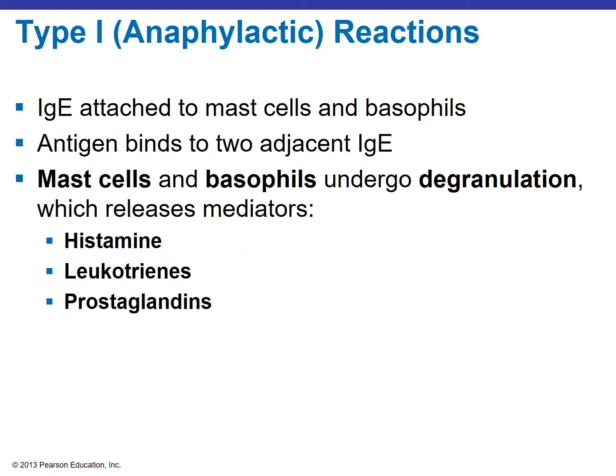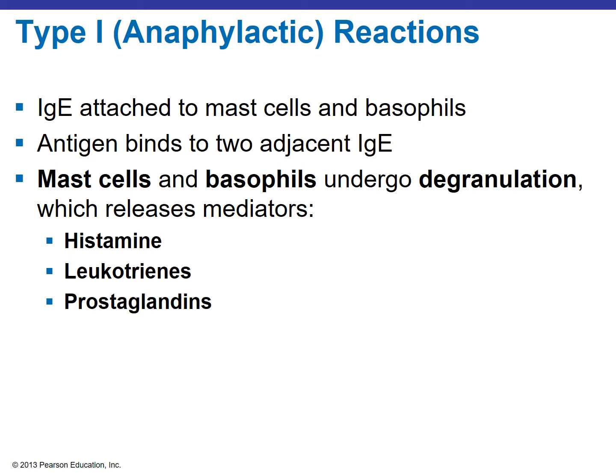Okay, so we're going to start by talking about the type 1 anaphylactic reactions, and these can be systemic reactions or they can be localized reactions. What happens is you have IgE, which we mentioned when we were talking about the different antibody types, attached to receptors on mast cells and basophils.